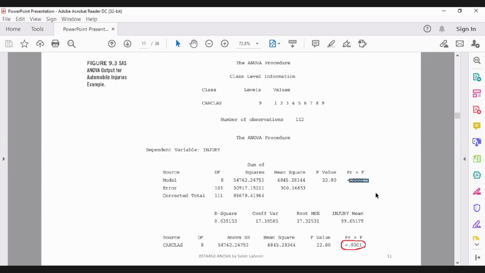We got another table, where we regress the number of injuries on classes, and we got a similar p-value.